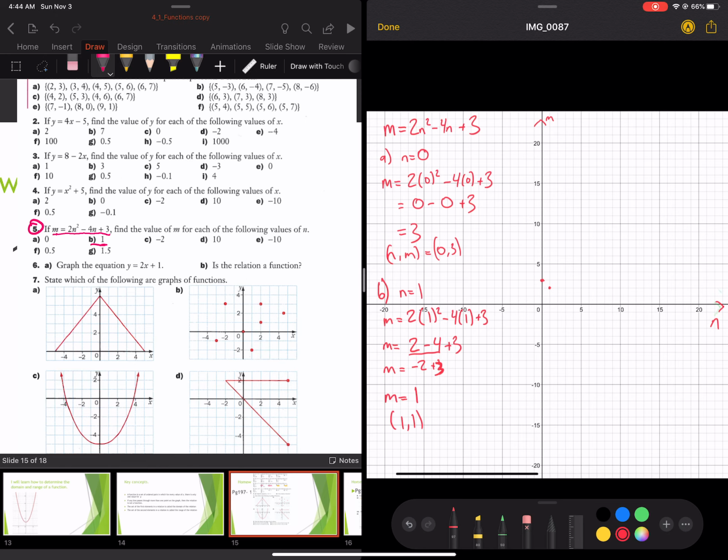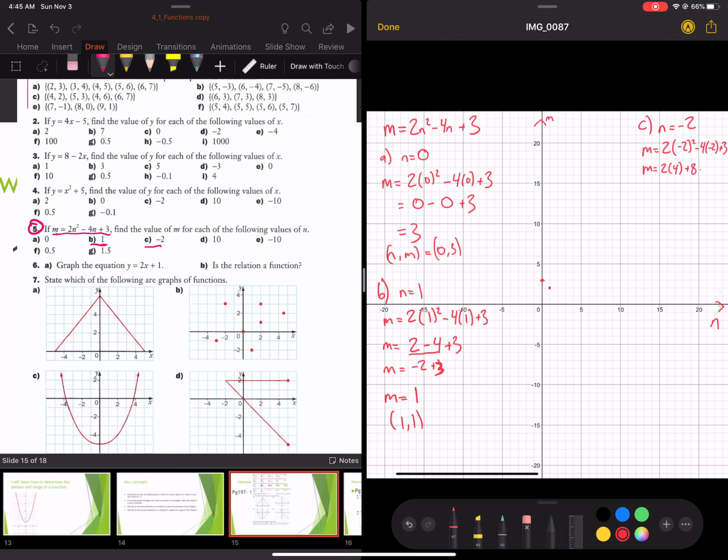Let's look at C. What happens when n equals minus 2? Well, when n is minus 2, m is equal to 2 times minus 2 squared minus 4 times minus 2 plus 3. M is equal to 2 times 4, because minus 2 squared, minus 2 times minus 2, is positive 4.